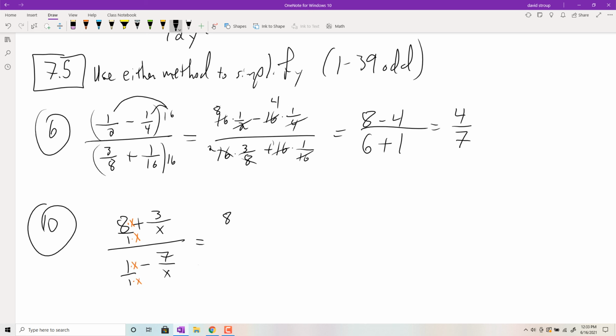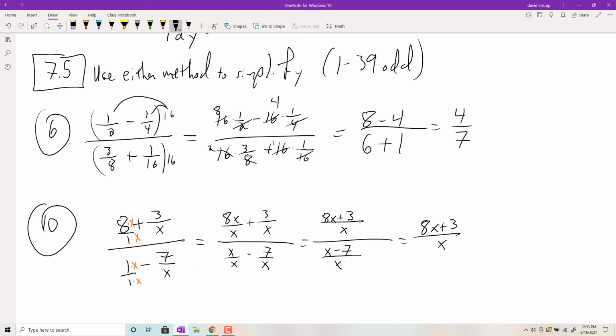Okay, so I have 8x over x plus 3 over x in the numerator, and then x over x minus 7 over x in the denominator. Okay, combine the numerators over the denominator in the numerator. Combine the numerators over the denominator in the denominator. It just sounds weird. And then rewrite it as division.